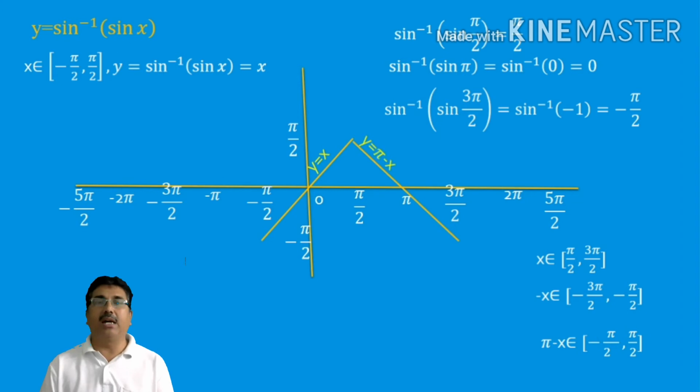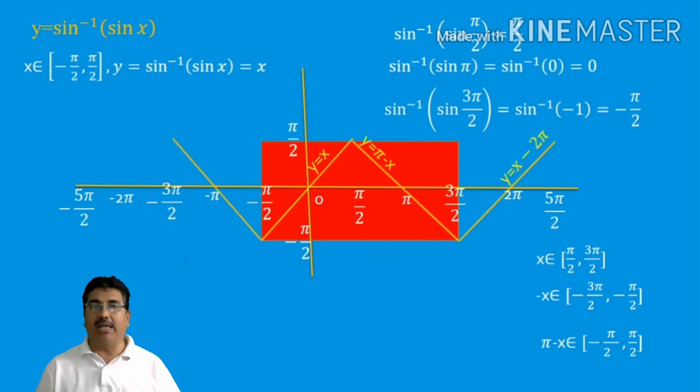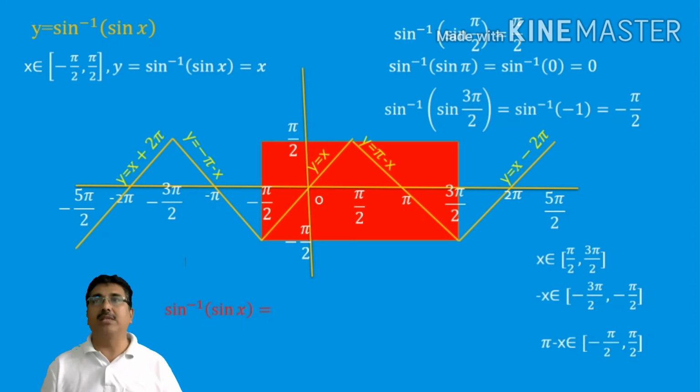Therefore, see the graph on the interval minus pi by 2 comma 3 pi by 2 of length 2 pi. Then this shape repeats in every interval of length 2 pi. Finally, sine inverse of sine x is equal to odd multiples of pi minus x or x minus even multiples of pi.